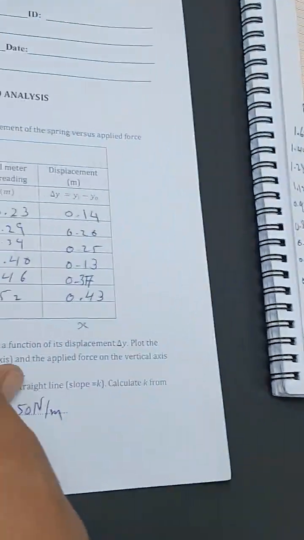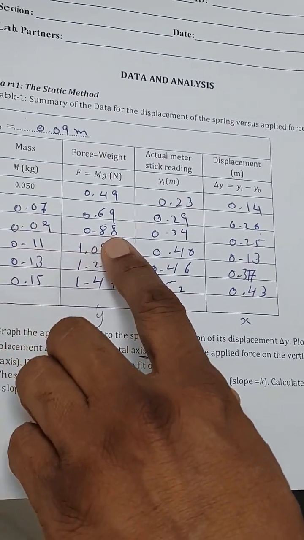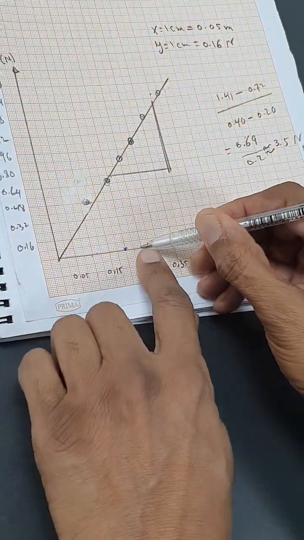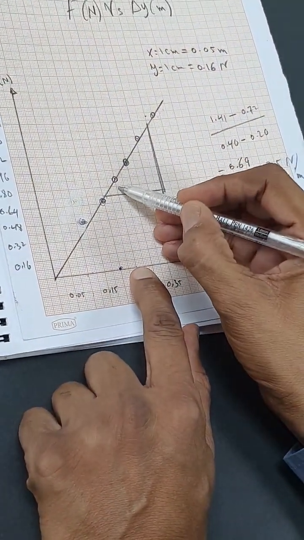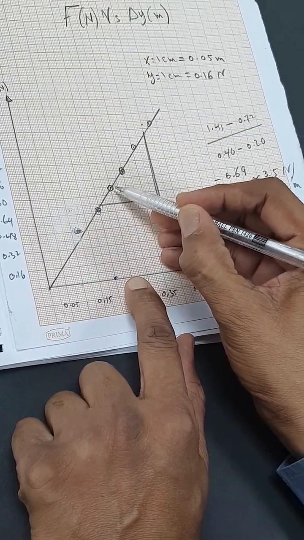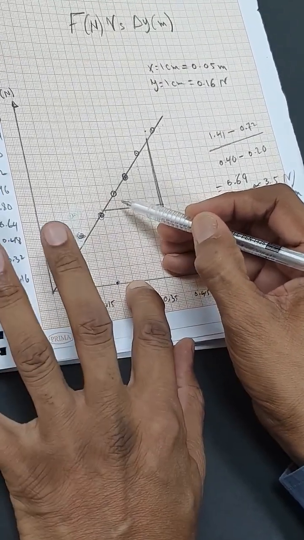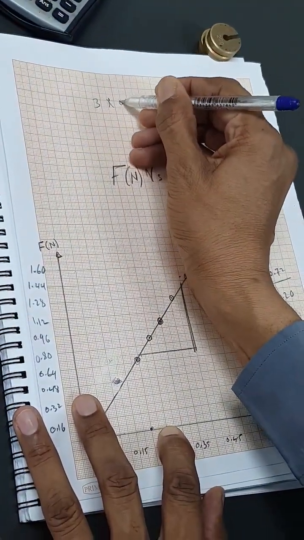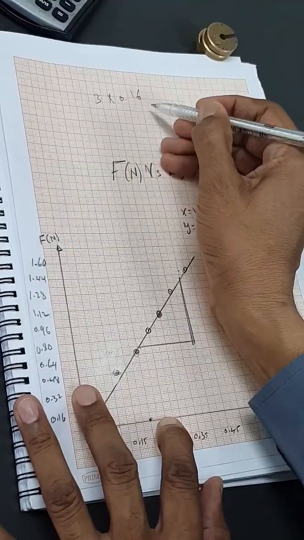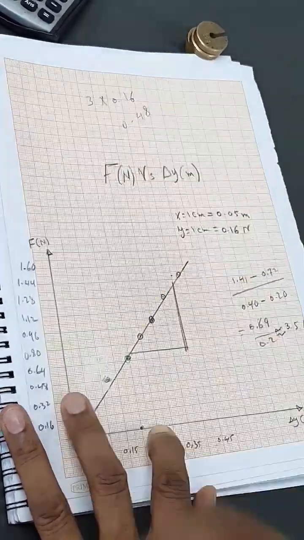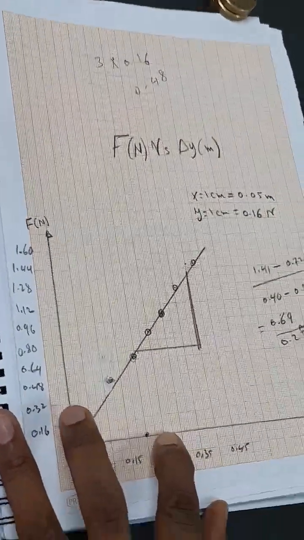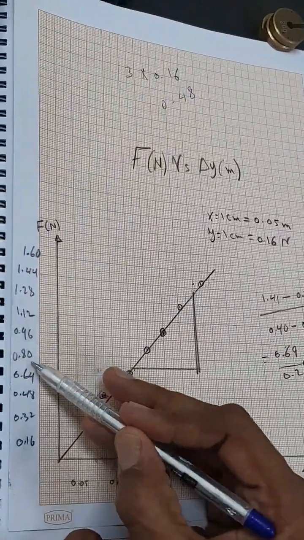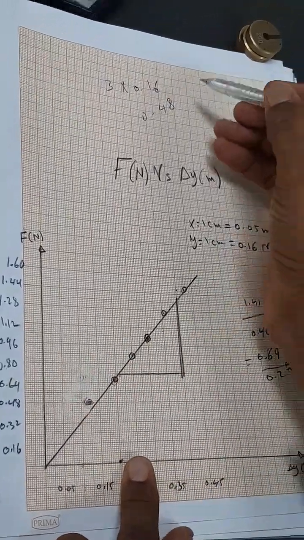The third point is 0.88 with 0.25. Here is 0.25. For 0.88, it is up 4 divisions or 3 divisions? If we multiply 3 by the scale 0.16, it becomes 0.48, and when we add it to 0.8 we get 1.28.